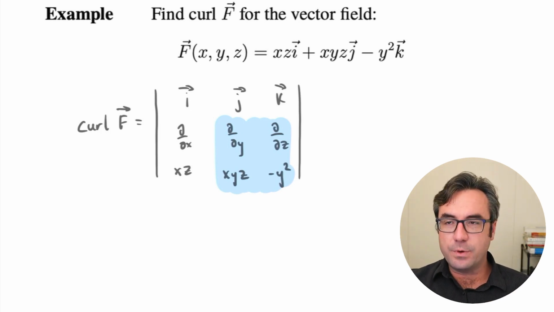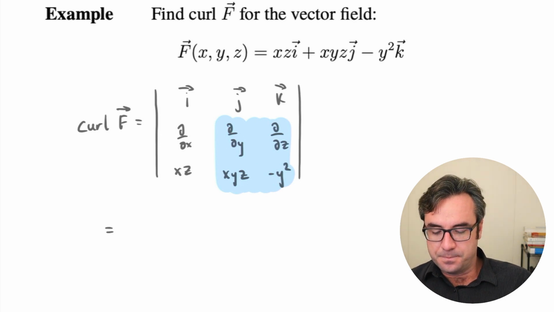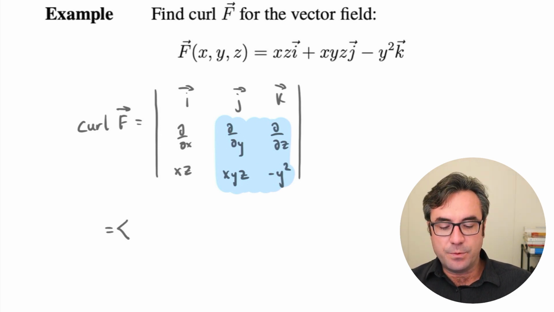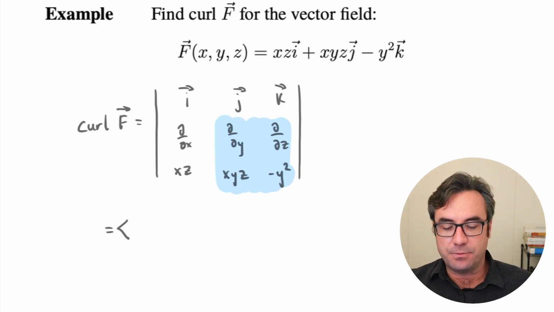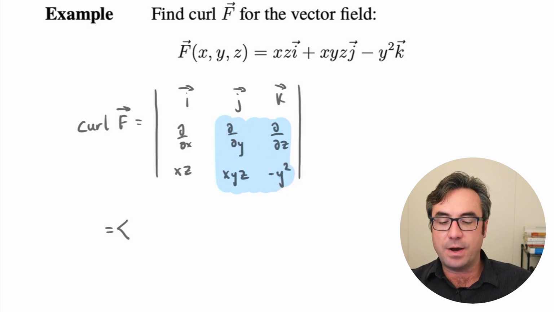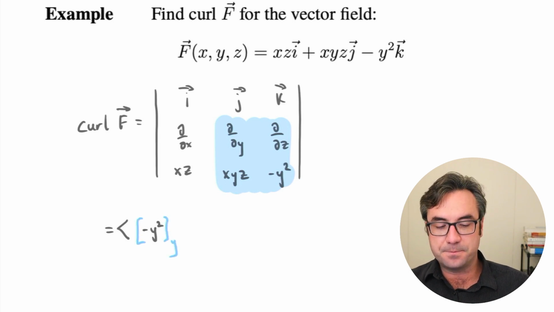All right, so the way we do this smaller determinant is we multiply down the main diagonal first. So when we do that, now this technically is a multiplication. What we're doing is we're applying the y partial derivative to that negative y squared. So we have negative y squared, and then we're going to apply our y partial derivative.